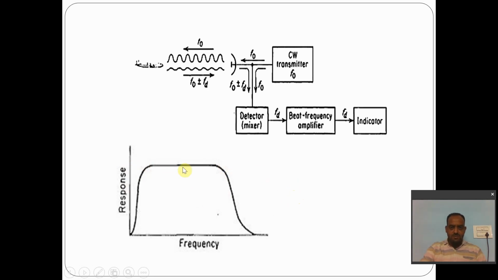Bandwidth and sensitivity are inversely proportional. Because the bandwidth of this system is very large, its sensitivity is very poor. That means this radar cannot respond to a particular band of frequencies. So sensitivity as well as selectivity is poor in this system.